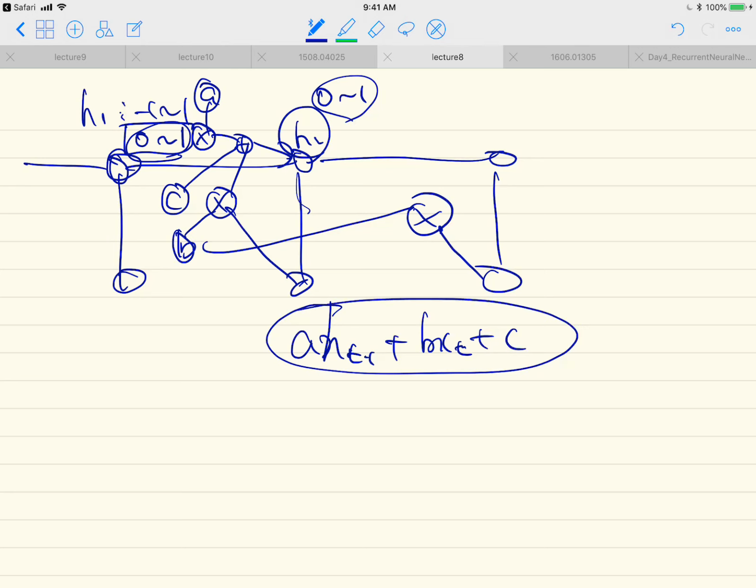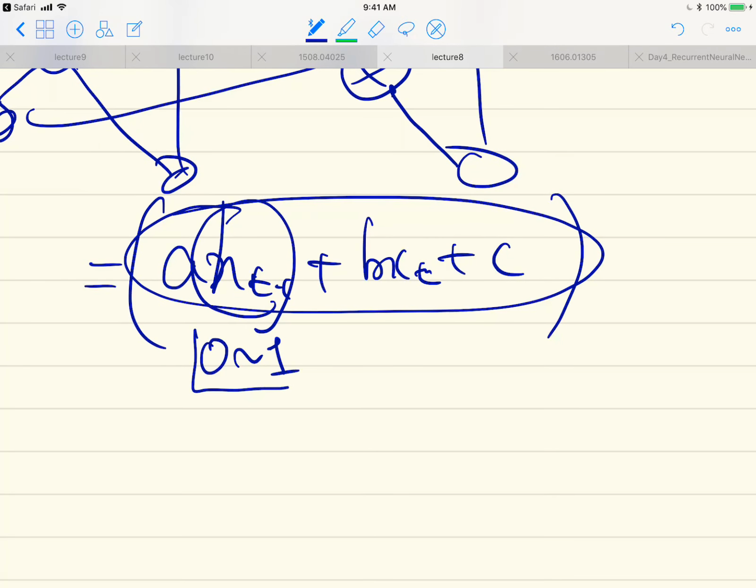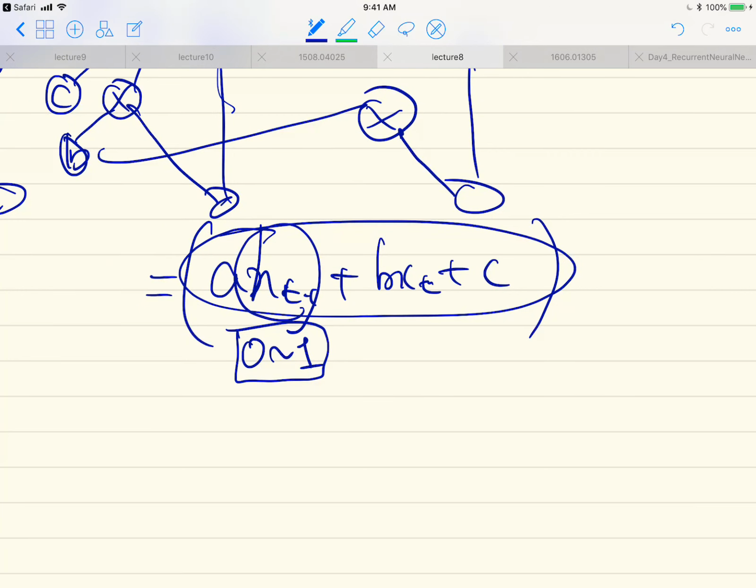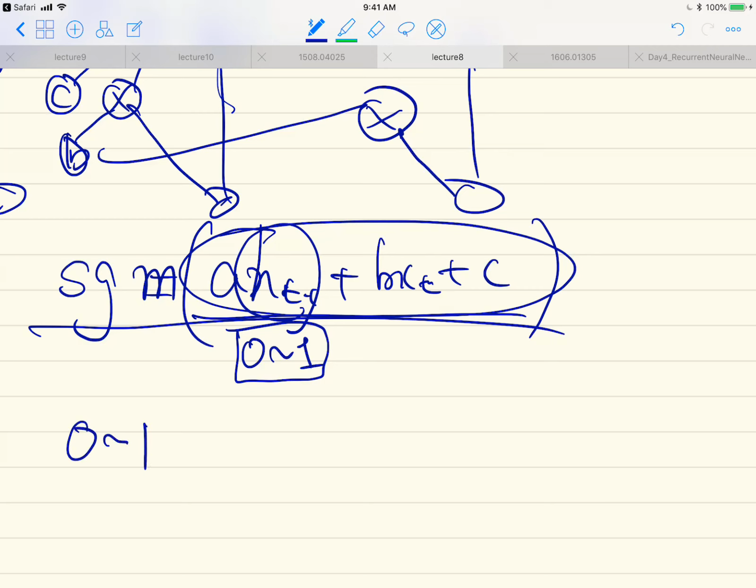Given that H_{t-1} was a sigmoid output ranging from 0 to 1, after this linear transformation it will also go through the sigmoid unit, and this one will also be in the range of 0 to 1, right?